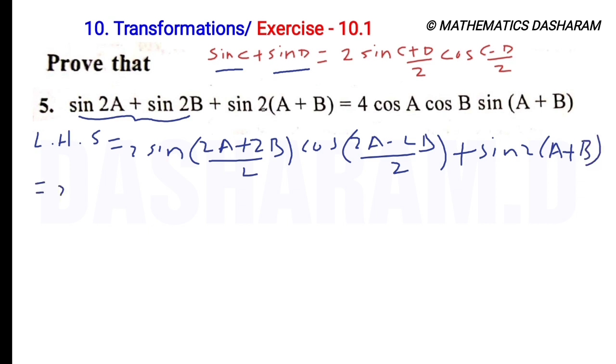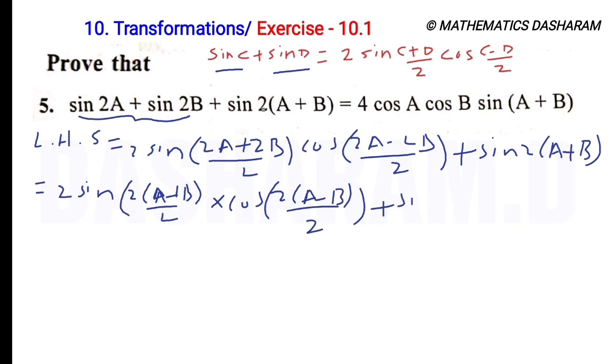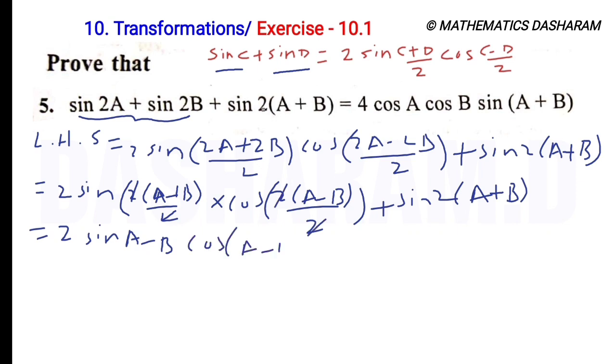Now it is equal to 2 sin, here in 2A plus 2B we can take the 2 common, so (A plus B) by 2, into cos, here also the same, take the 2 common, 2(A minus B) by 2, plus sin 2(A plus B). So 2 into sin, here the 2 cancels, sin(A plus B), into, here also the 2 cancels, cos(A minus B), plus sin 2(A plus B).